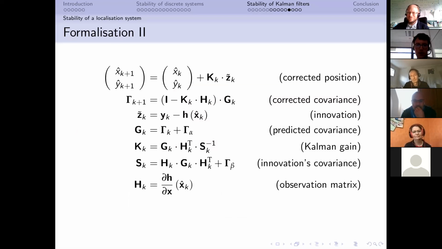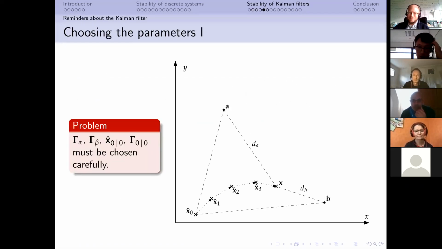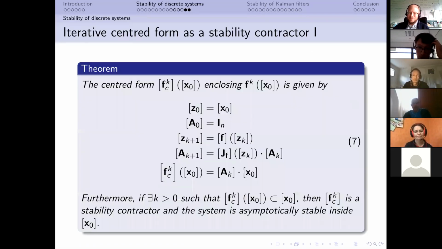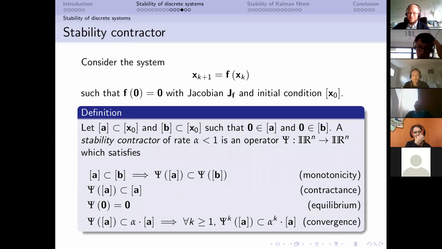If I go back to the definition of the stability contractor, that would mean that we could implement stability in the following way. We have to add iteration of the instability contractor. The box must be bigger than the previous one, and then you have instability.